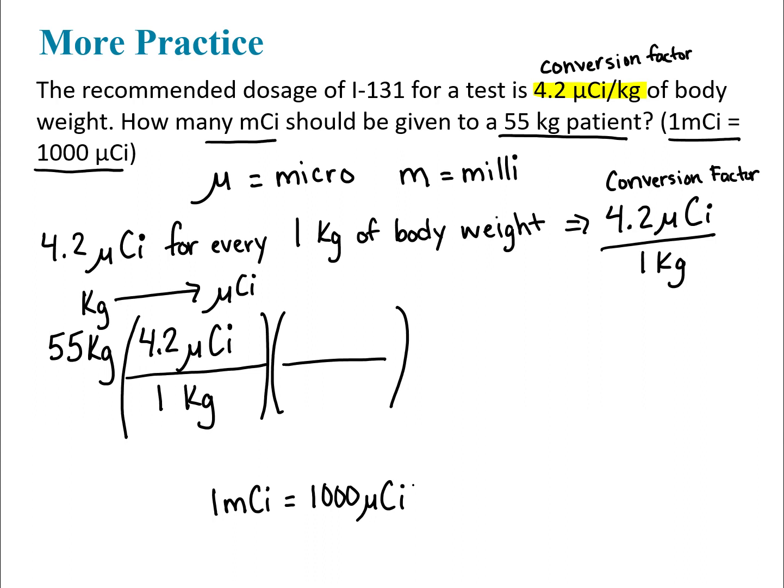That's our second equality that we can use to write a conversion factor. If we want to get rid of microcuries, we've got to put 1,000 microcuries in the denominator so it will cancel out, and 1 millicurie in the numerator.